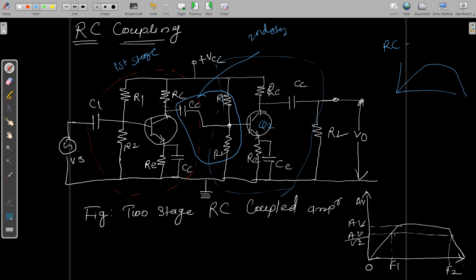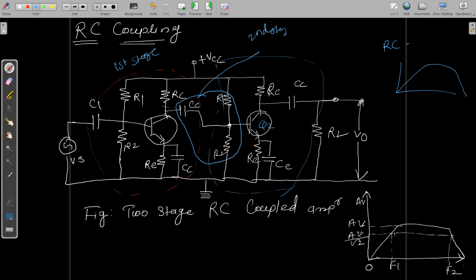Now you can see here a figure of a two-stage RC coupled amplifier, wherein these are the loads and this is the input signal you have given. Then what we observe is that you get this kind of frequency response.